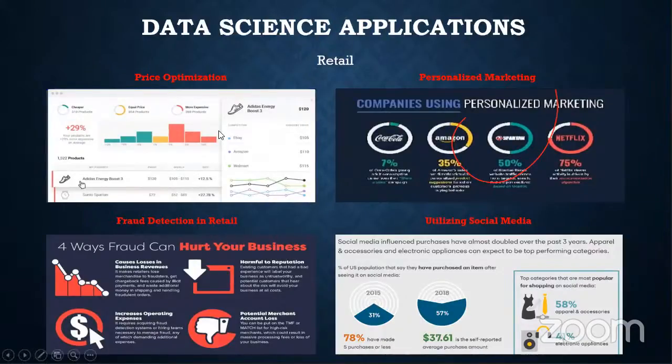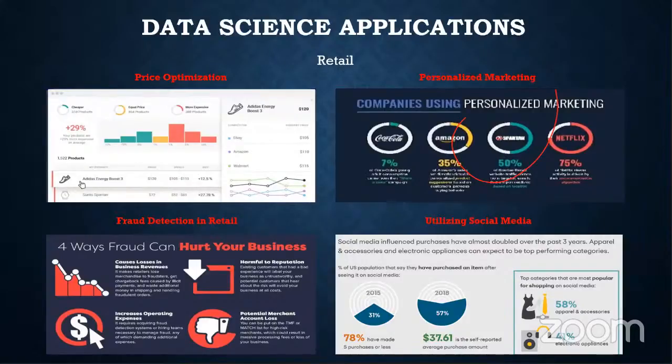That is where they have to optimize their price points, right? So this is a classic example of price optimization, where people try to understand it with the help of data, right?